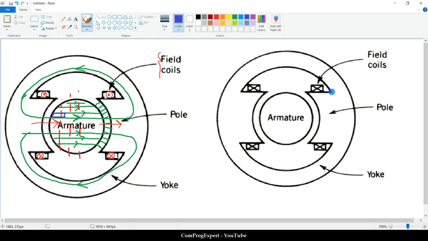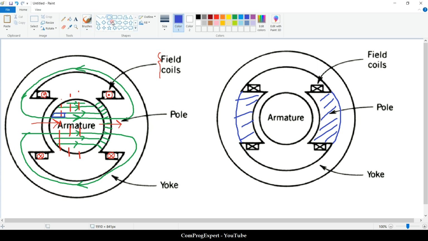So I can consider this as the pole region, this one is a pole, and this is the yoke that we have for this structure.